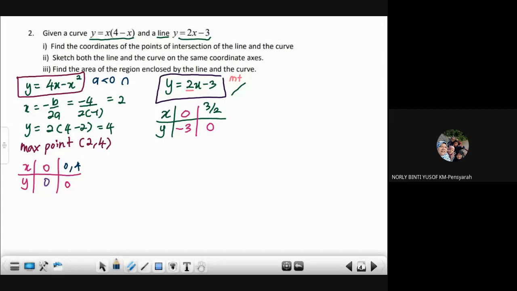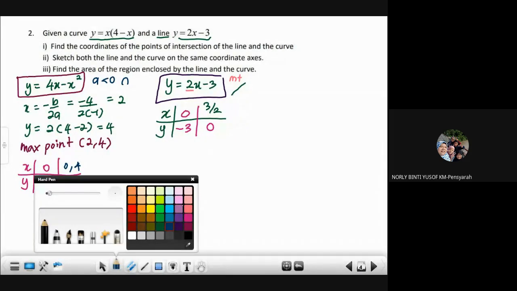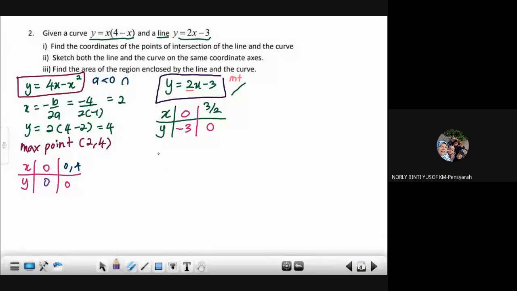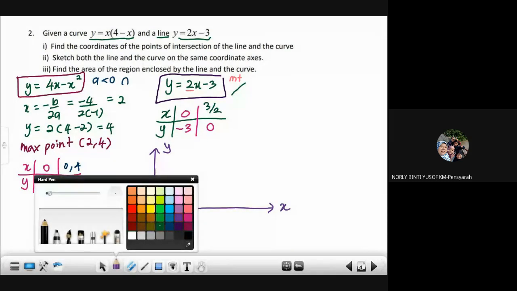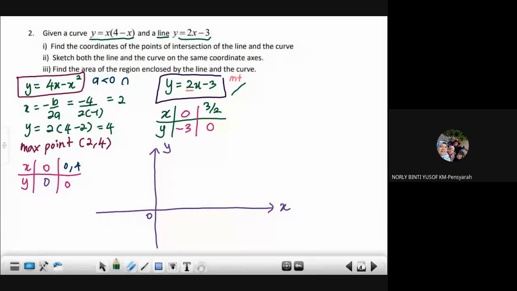Okay, dah dapat semua maklumat, barulah kita sketch the graph. Firstly we sketch the graph for the quadratic.